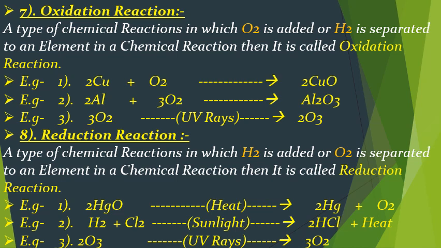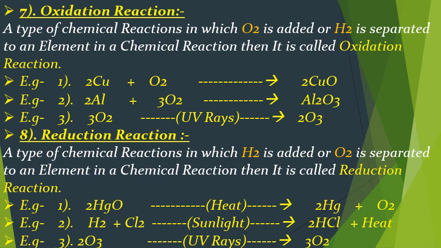Reduction reaction: a type of chemical reaction in which hydrogen is added or oxygen is removed from an element in a chemical reaction is called a reduction reaction. So mercuric oxide, in the presence of heat, forms mercury and oxygen; there is a detachment of the oxygen molecule from mercury.